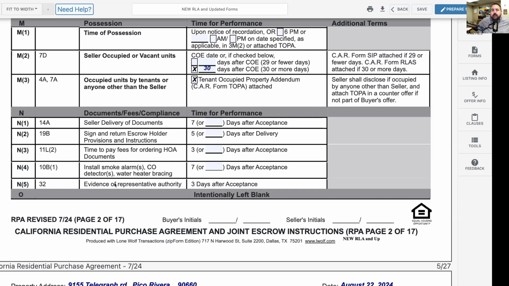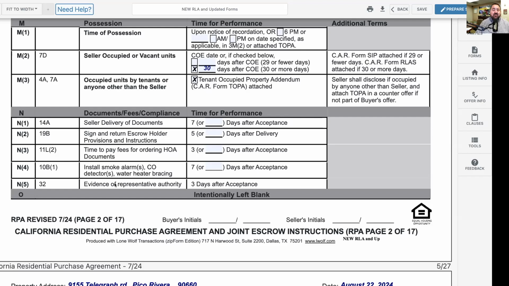Now, I know that most agents don't stress this, right? Like the listing agents aren't asking you for what you need to show the corporation and that they're an authorized signer on behalf of that entity. I know they don't. I know escrow will require it, and you'll give that all to escrow. But remember, this is 3 days after acceptance.